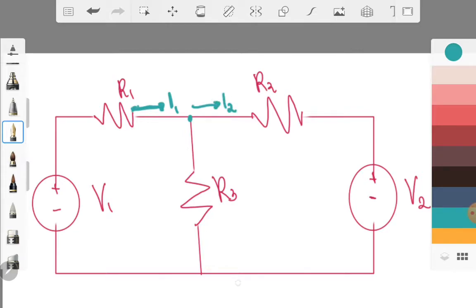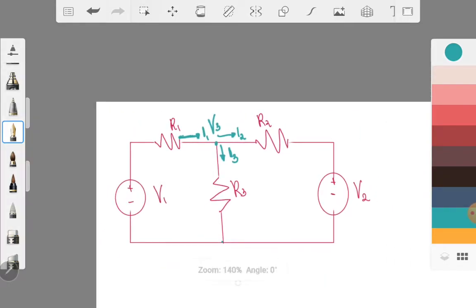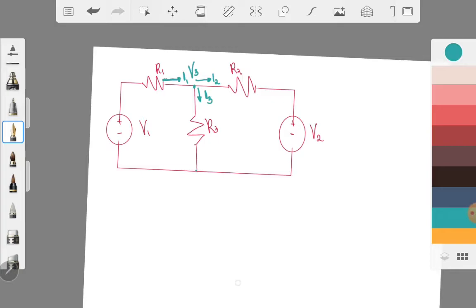Take note that if you are using KCL, it is suggested that you have a node. This will be node A or V3, because this is the voltage at V3, from V3 to ground. And then we have our I3. Okay, that's our established variables.